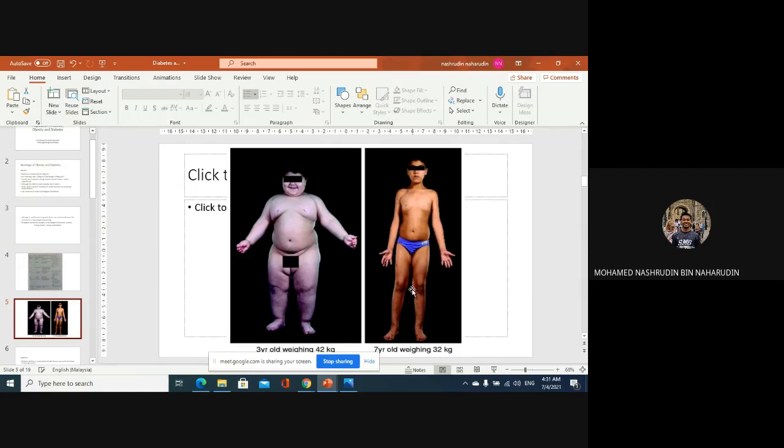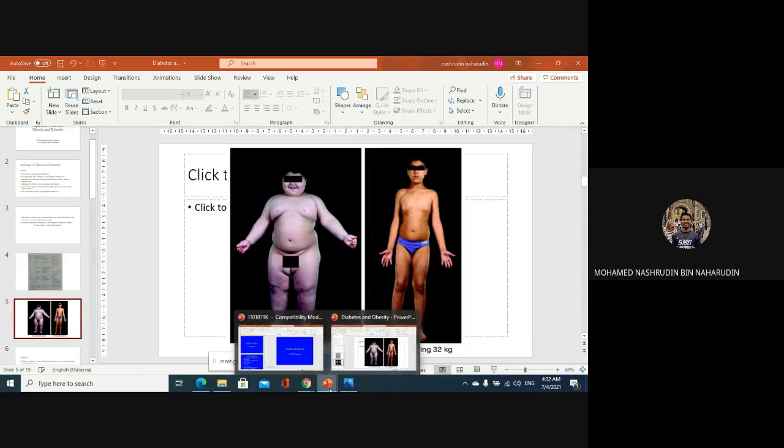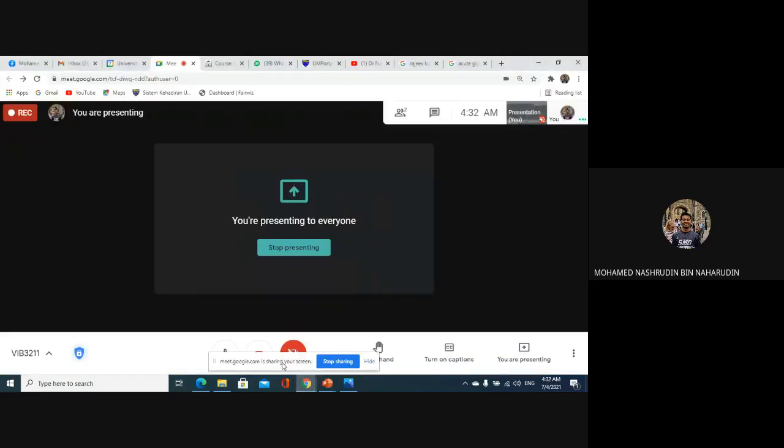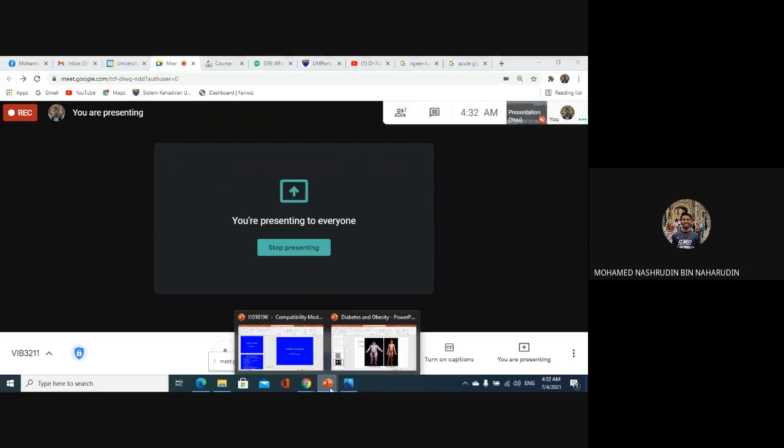So this is the difference in an obese person. This is a very severe case where the patient needs to be jabbed with leptin.